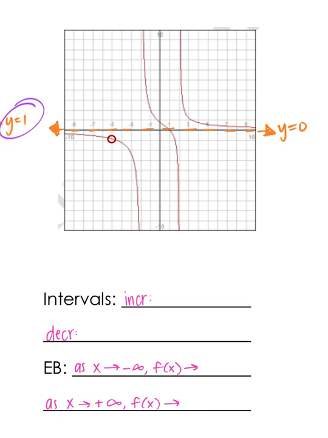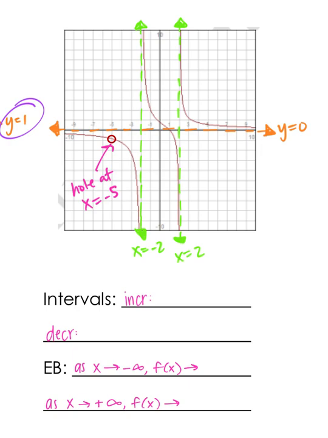Vertical asymptotes, I'm going to have one right here at x equals -2, and one right here at x equals +2. And then I can see I've got a hole at x equals negative 5.